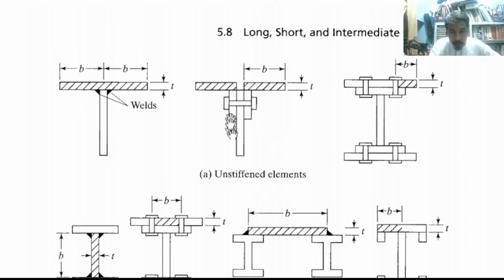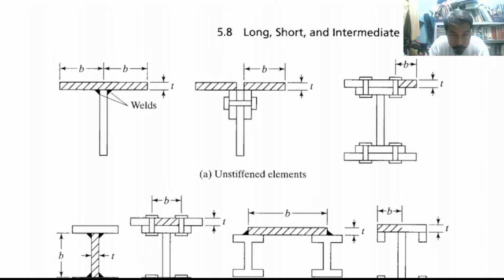Unstiffened elements again, just bolted here. Another unstiffened element here. The flange is bolted on another plate. Take note, stiffened elements.